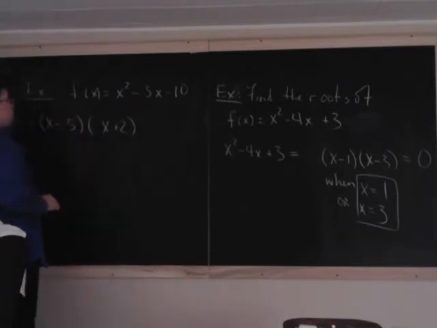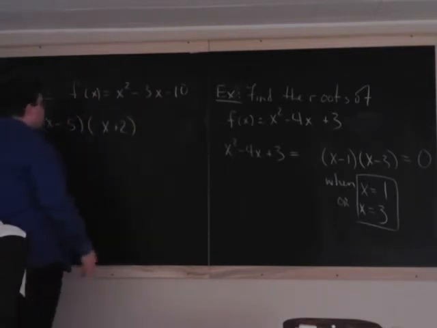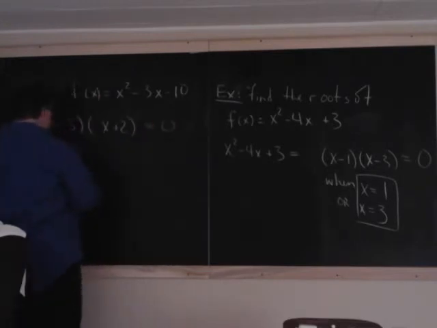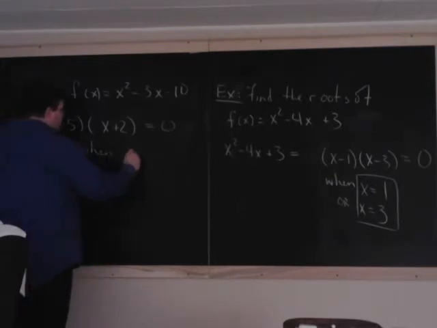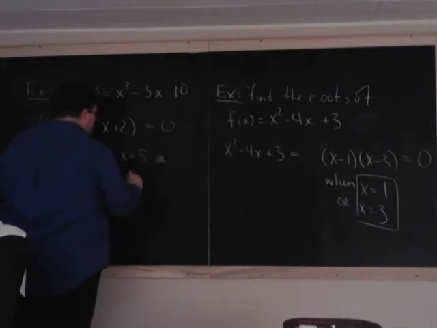Negative 5 and positive 2 multiply to a negative 10. And this equals 0. The only way we can multiply and get 0 is if one of the two is 0 or the other one's 0. So this is 0 when x equals 5, or this is 0 when x equals negative 2.